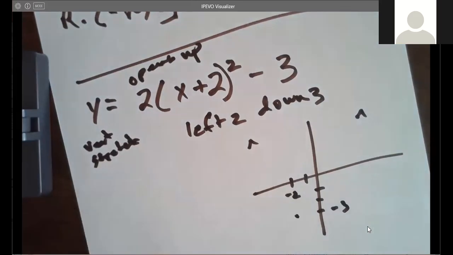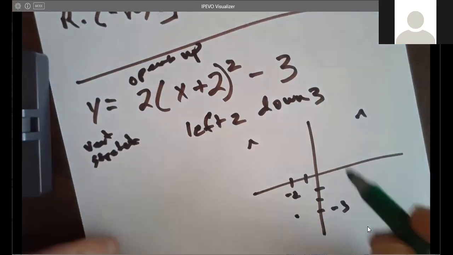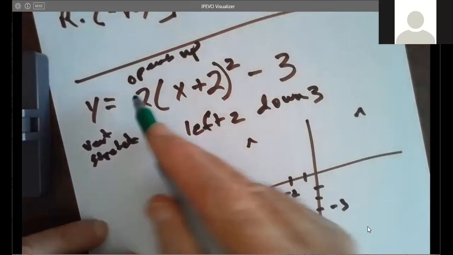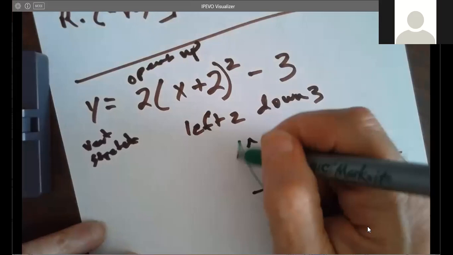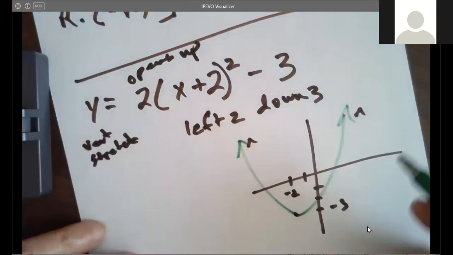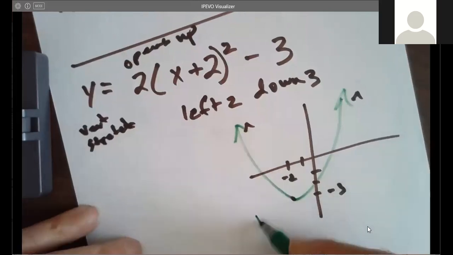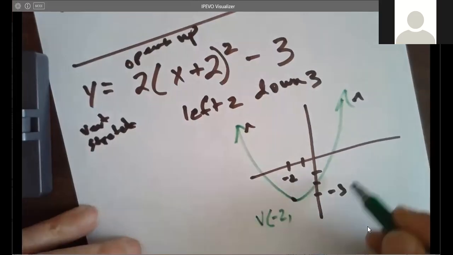So from here, negative 2, 3, and it opens up because we said it's positive. So it's going to look like that. The vertex, negative 2, negative 3.